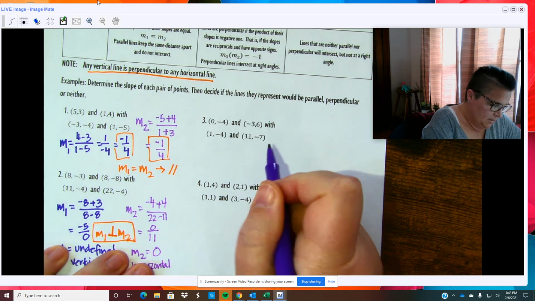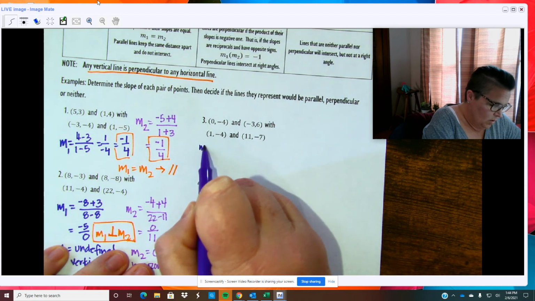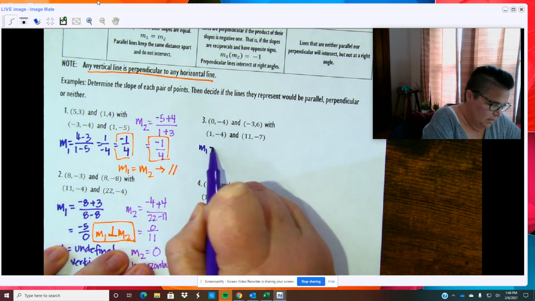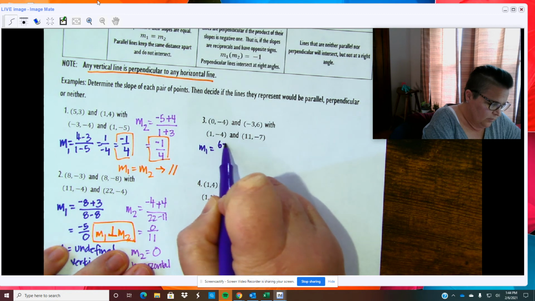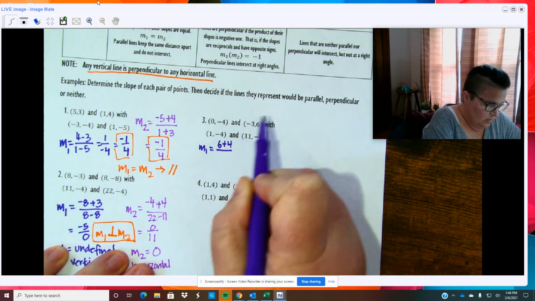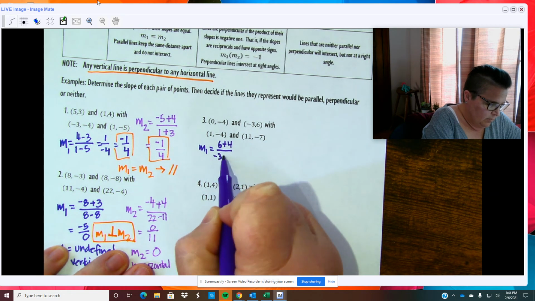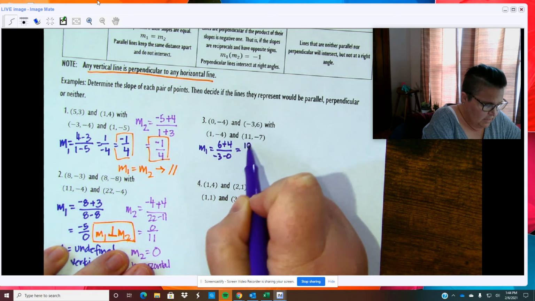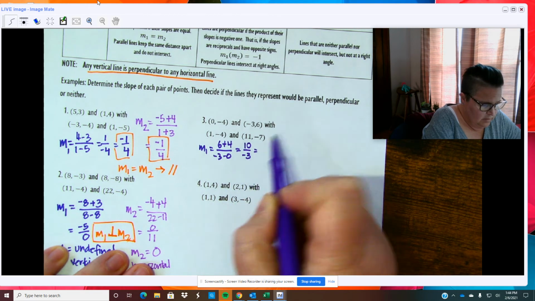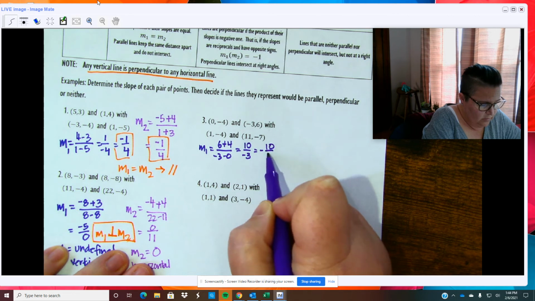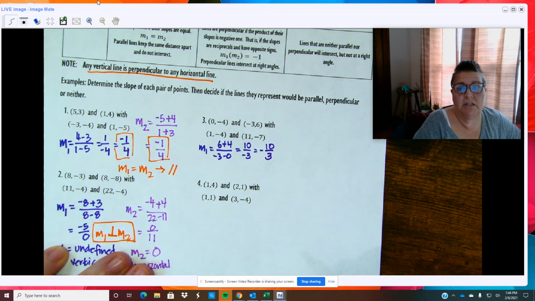Let's try 3. Number 3 says our M1 would be 6 minus a minus 4 over negative 3 minus 0, or 10 over a negative 3. That's a negative 10 over 3. I am not going to change that to a mixed number. Your slope is a ratio.